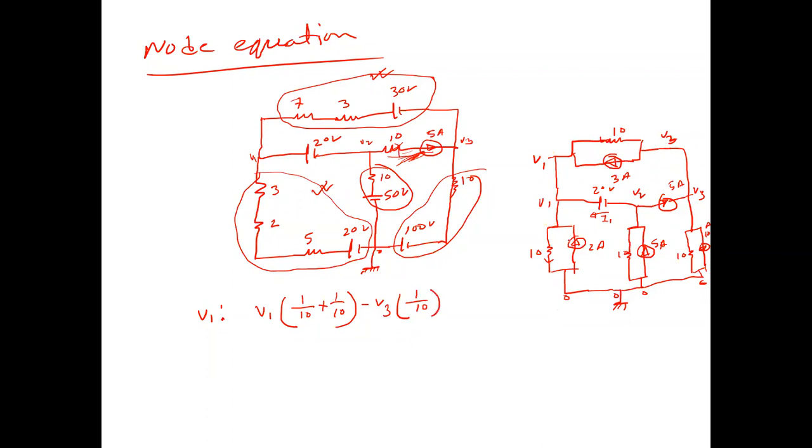Another one would be minus, but the last point is 0. If the last point were V4 or V5, we would calculate it with minus, but this is 0, and 0 means all are 0. So there is no need for this.